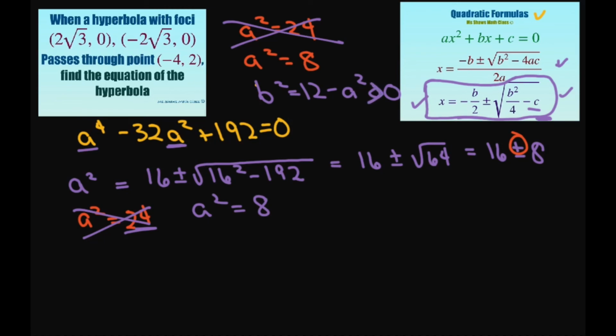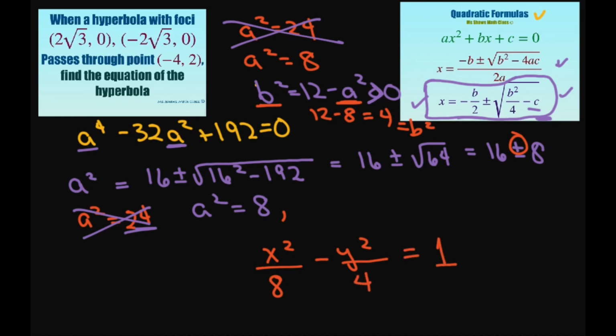All right, so then we have all our information. Our a squared is 8. If our a squared is 8, then our b squared is going to be 4, because 12 minus 8 equals 4. So now our equation is x squared divided by 8, minus y squared divided by 4, equals 1.